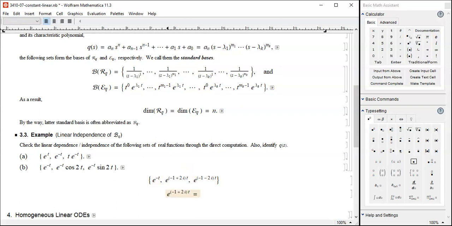Because it turns out that this one can be written as e to the negative t times cosine and sine, like this, and then this one can be written as similar but minus.